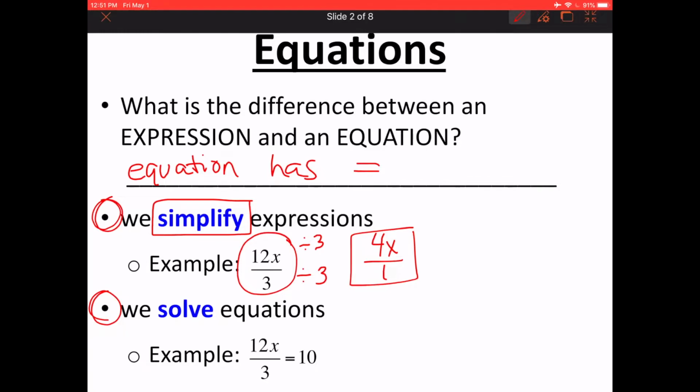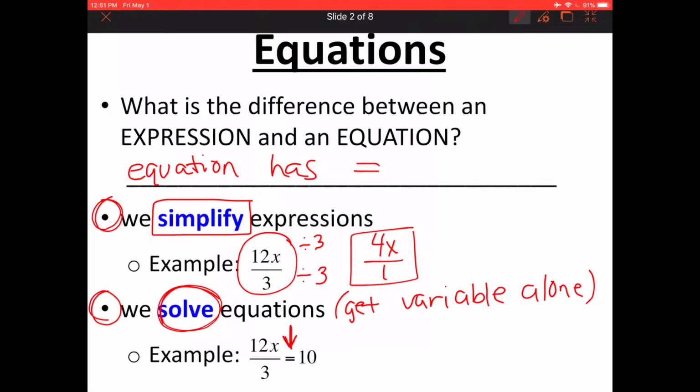Here in bullet point number 3, we solve equations. So notice this equation has my equal sign, and in order to solve, you want to get the variable alone. So I want to get this x alone. I would multiply both sides by 3, right? I would get 12x equals 30.